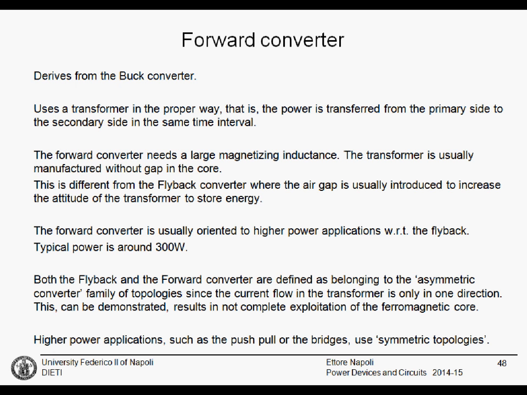In principle, the transformer can work with positive and negative currents, up to the maximum positive current and maximum negative current before the core saturates, a limit that depends on the size of the transformer. Since in these topologies we only work with currents that go from 0 to the maximum, we are in a certain way just using half of the transformer in terms of power efficiency and power transfer.